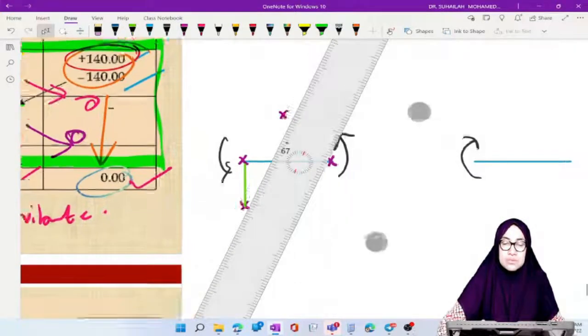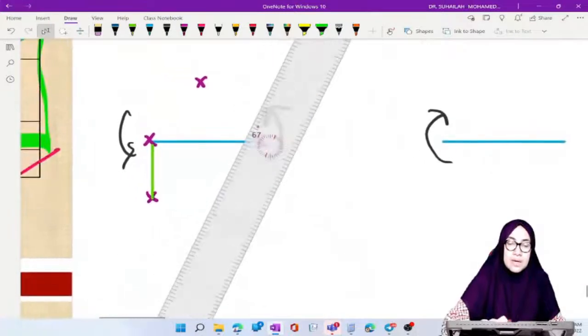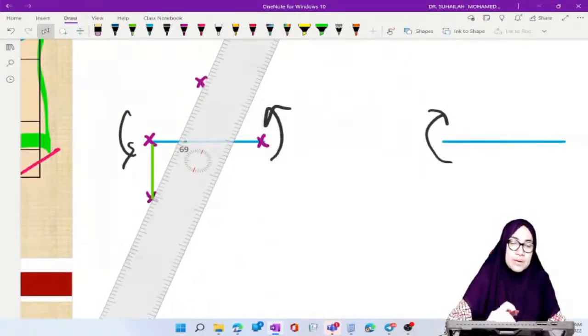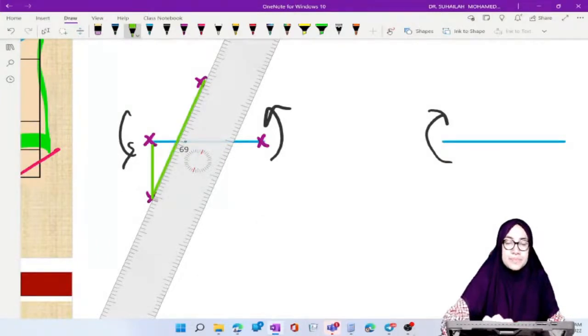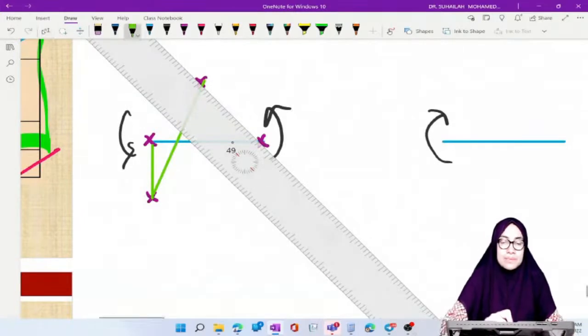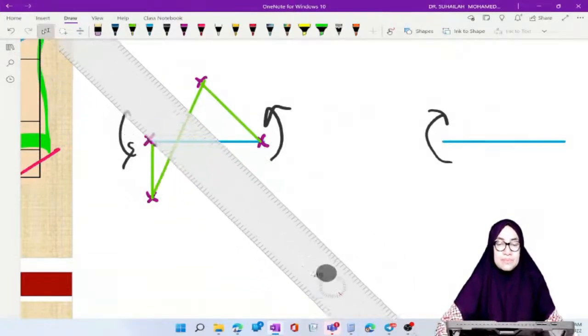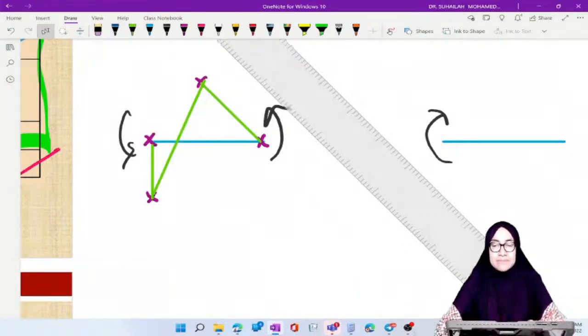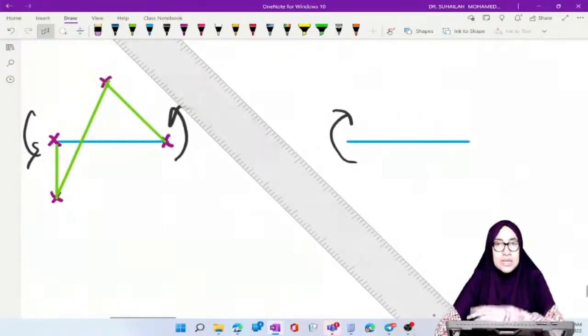Now I am drawing the bending moment diagram that we get directly from the table. And another one is UDL.